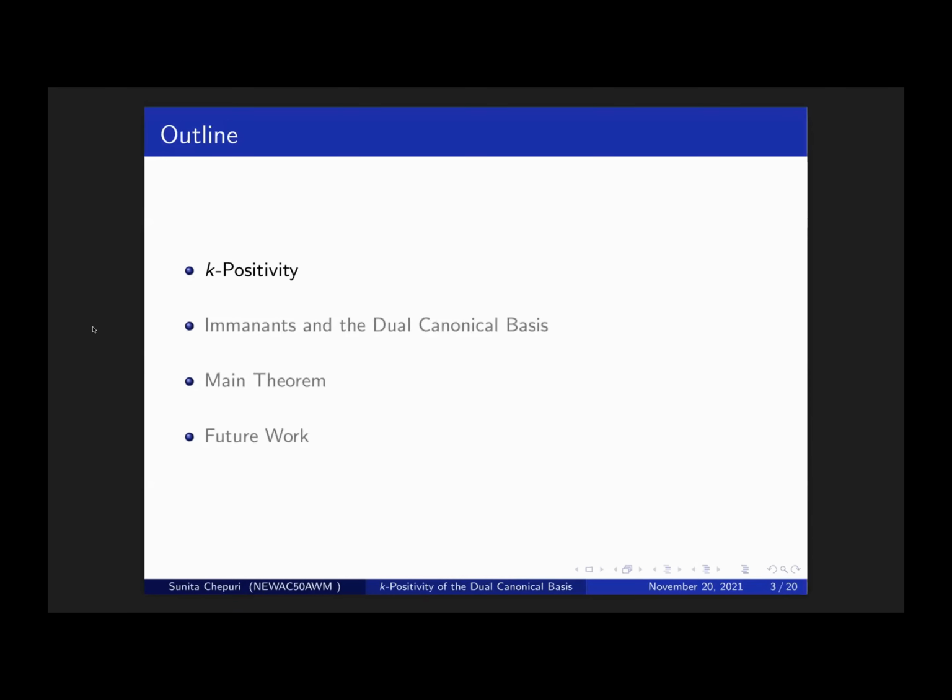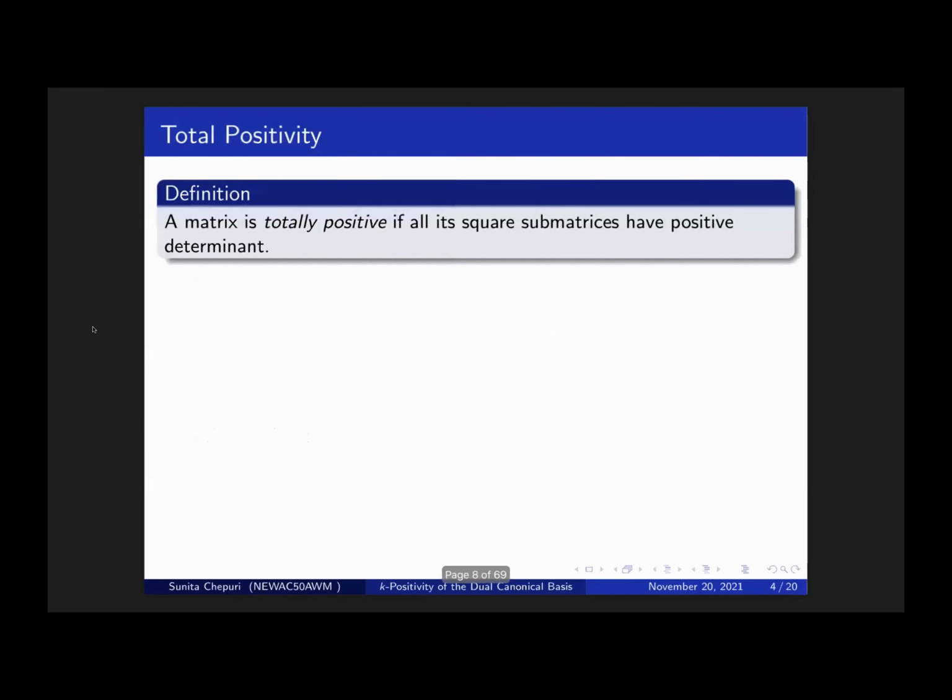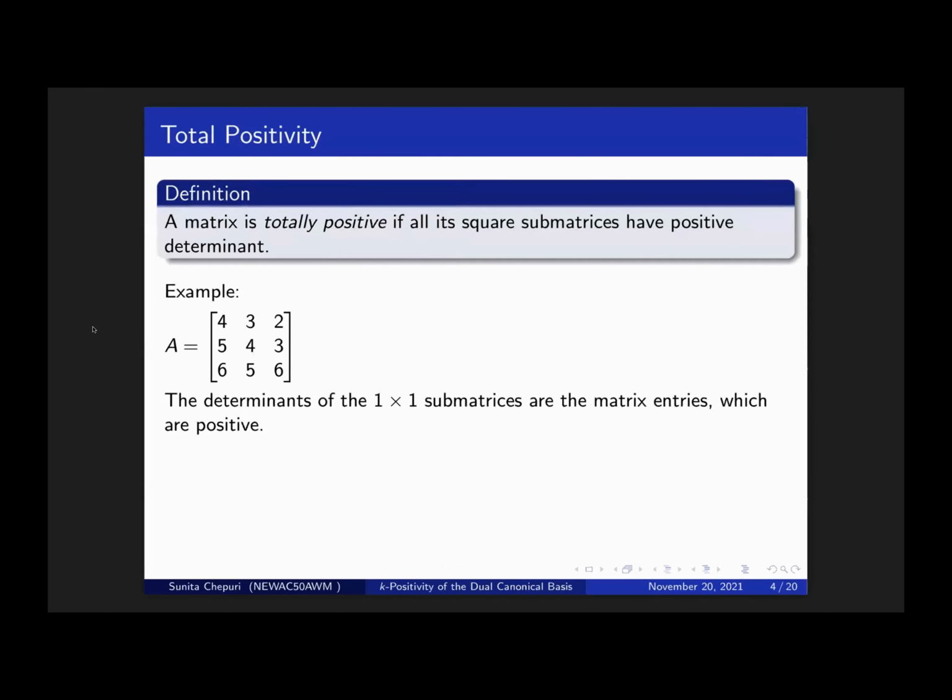Okay, so we're starting with K-positivity. We say a matrix is totally positive if all of the square submatrices of that matrix have positive determinant. As an example, here's a matrix A. All the 1-by-1 submatrices, those determinants are just going to give you the entries of the matrix.